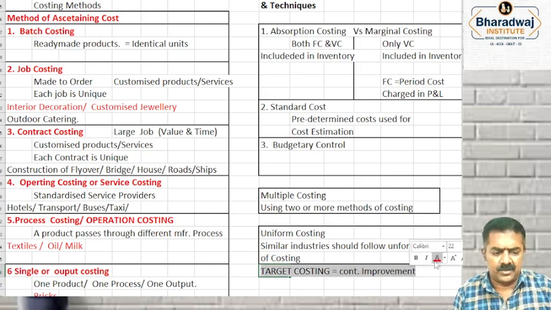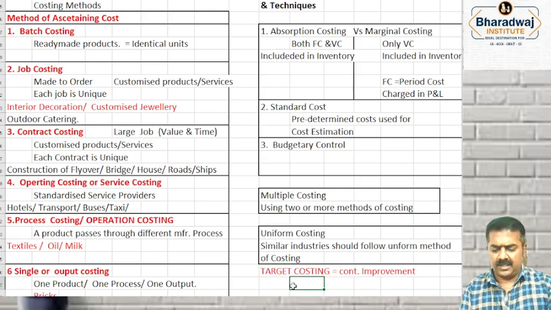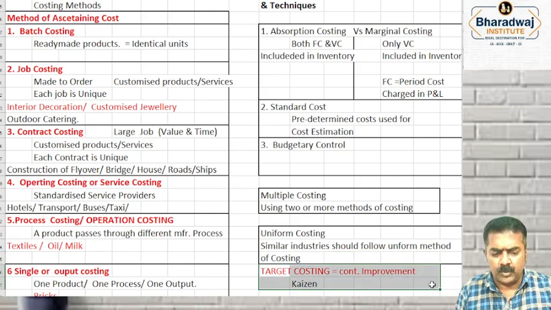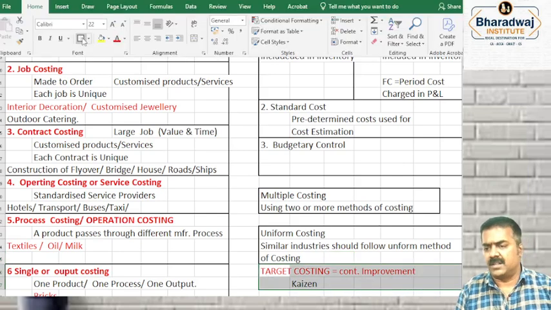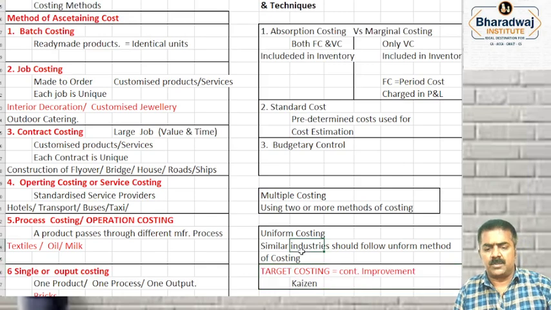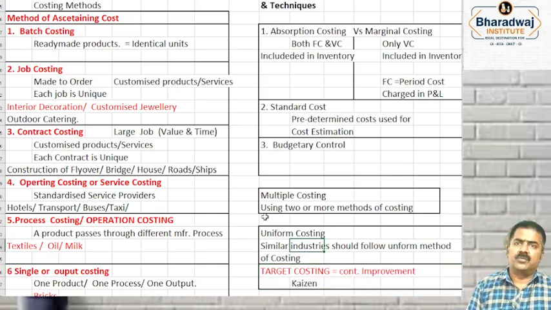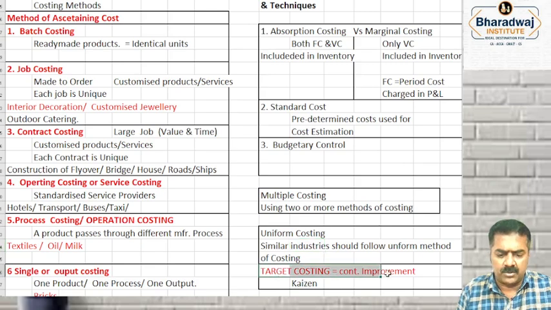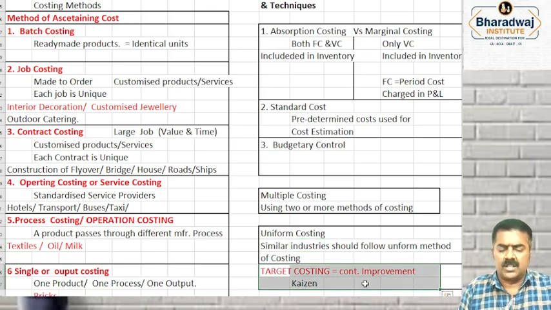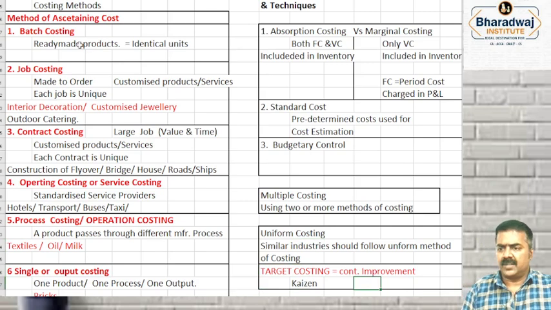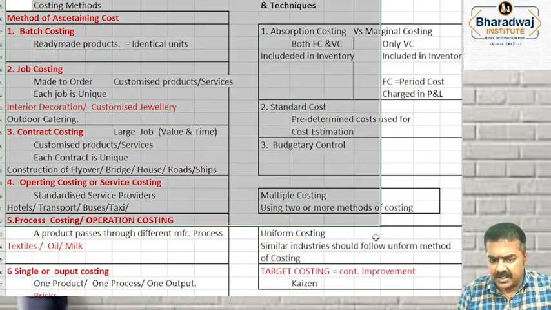That is not tested at the foundation level. Kaizen means keep improving till you get the lowest possible cost. Till you get what? Lowest possible cost for an optimum quality. That we call it as which one? Target costing. Otherwise called as which one? Kaizen costing. Clear? So please note all these things.